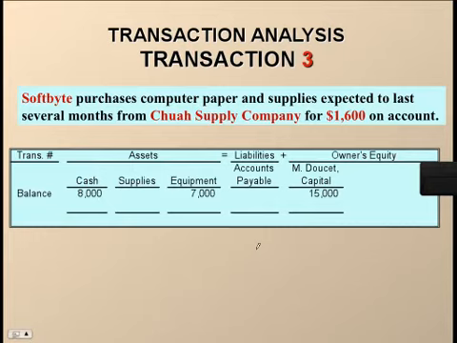Transaction number 3, SoftBite purchases computer paper and supplies, which are expected to last several months, from Chua Supply Company for $16,000 on account. Now remember, when we say on account, that means cash did not transfer hands and it's going to be paid back later. So we, as SoftBite, purchased the supplies, so supplies goes up in this case.